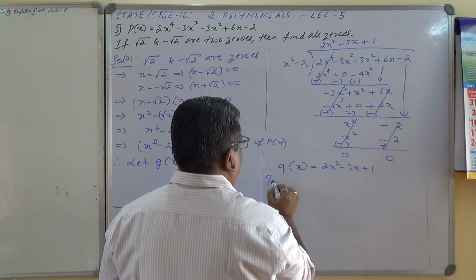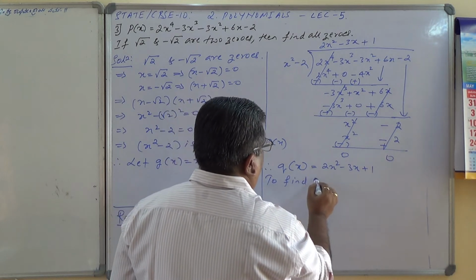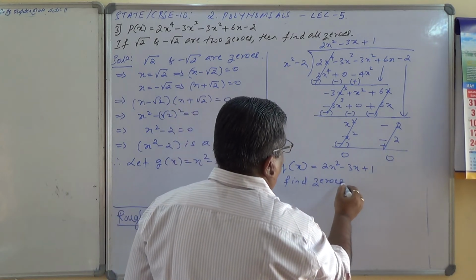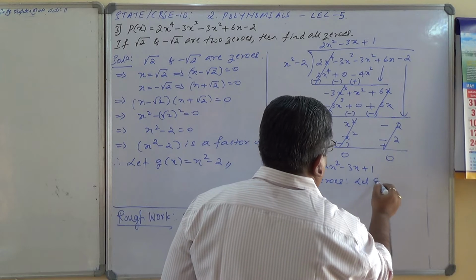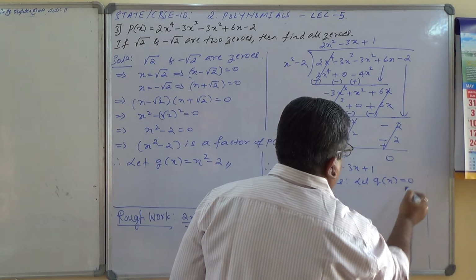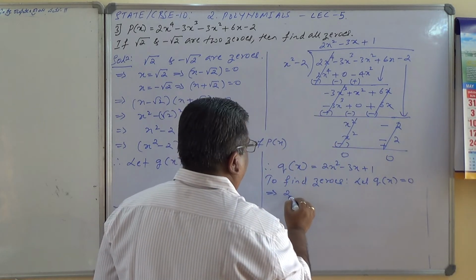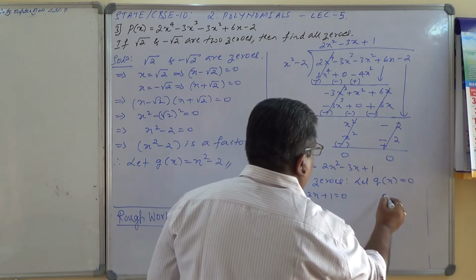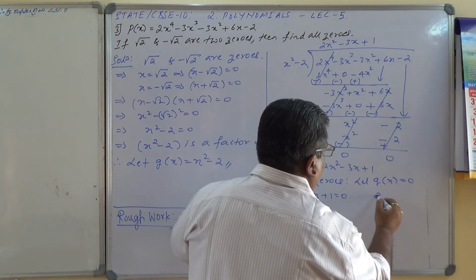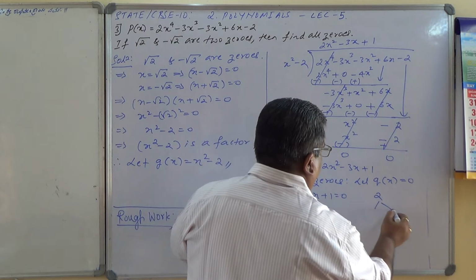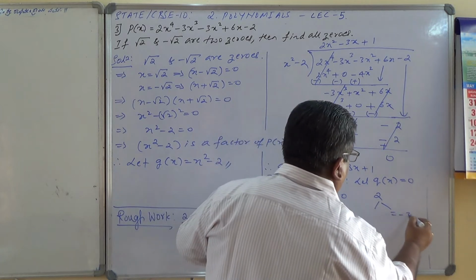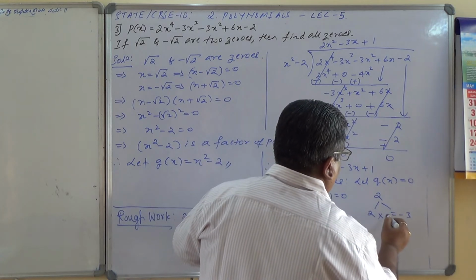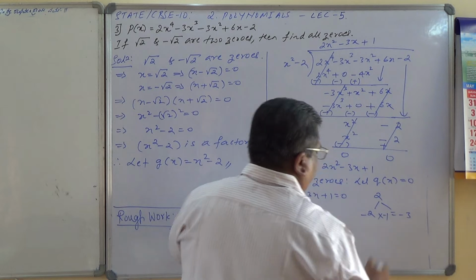To find the zeros, let q of x equal 0, which implies 2x square minus 3x plus 1 equals 0. Split the middle term: 2 into 1 is 2, and here I should get minus 3, which is nothing but minus 2 and minus 1.